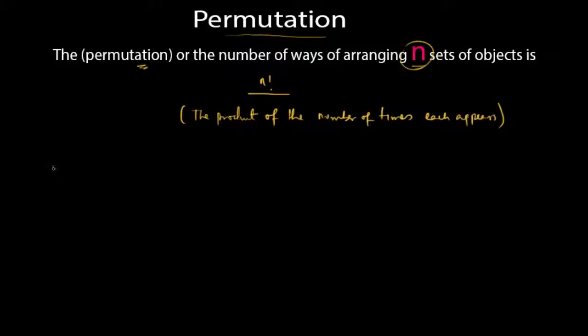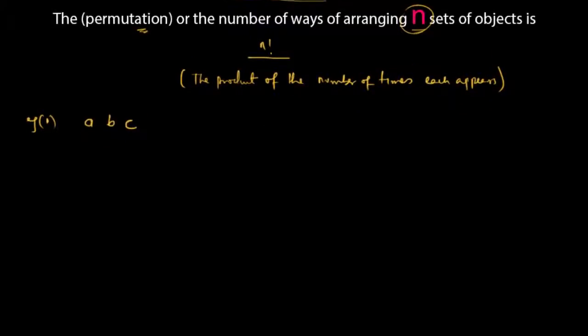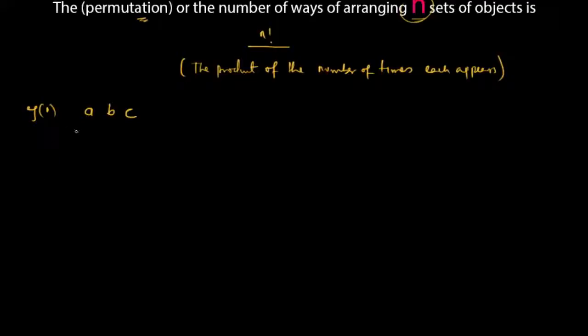So for example, let me call this example 1. Maybe you're told to find the number of ways by which you can arrange A, B, and C. If you wanted to do this manually, you start by arranging A, B, C. So A is still the first.